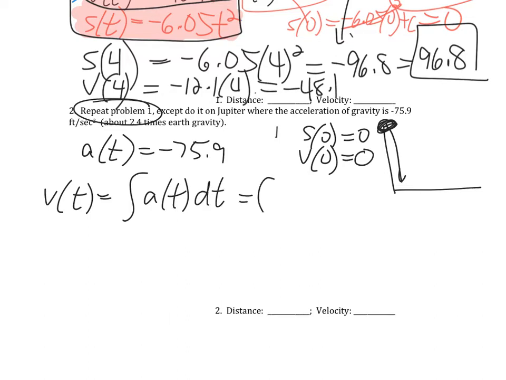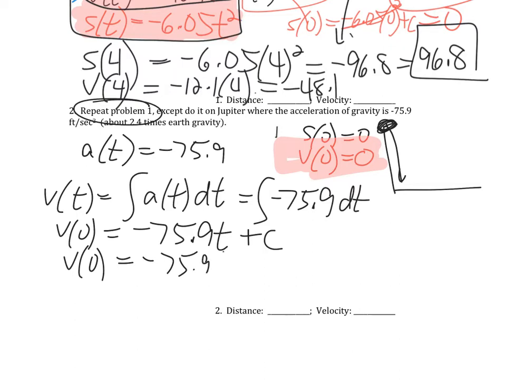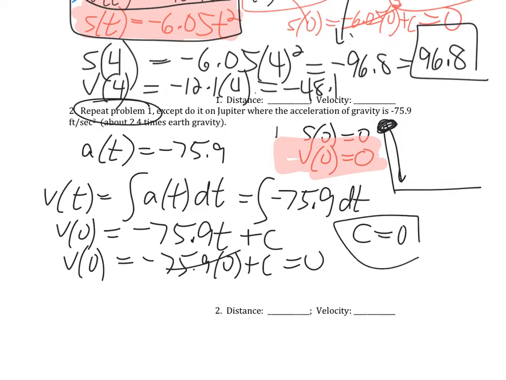So here our velocity is the integral of negative 75.9 dt, which is going to be negative 75.9 t plus some constant. But just like before, since the initial velocity is defined as 0, here we're going to have, for v of 0, negative 75.9 times 0 plus c, and that equals 0, which means our constant is going to be 0.